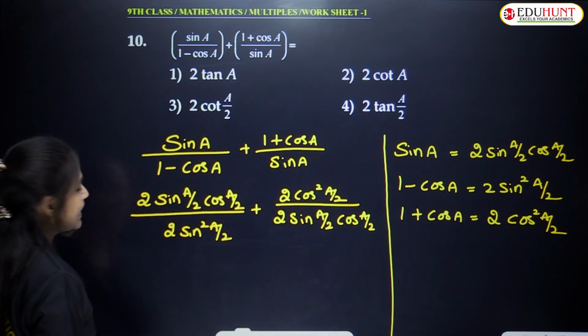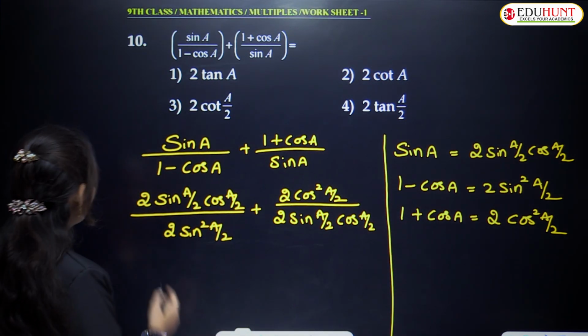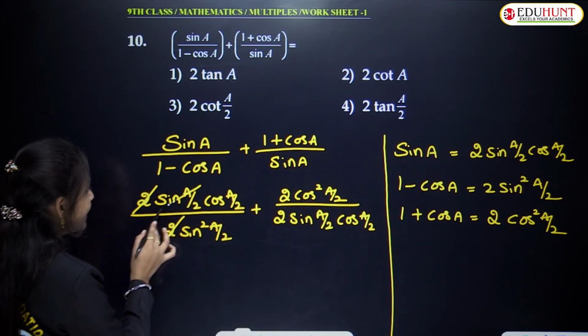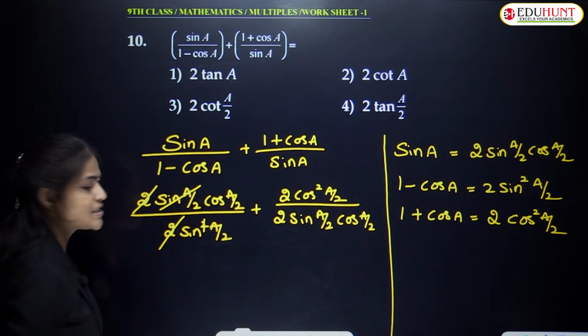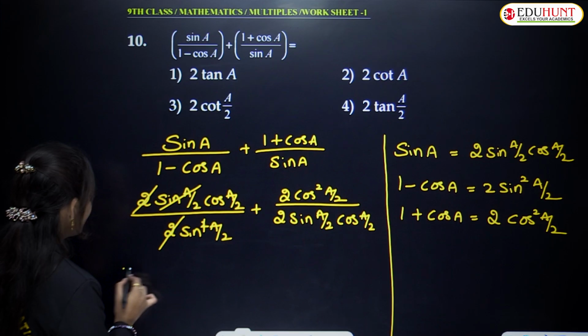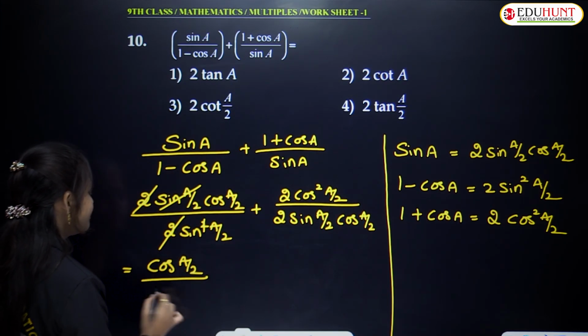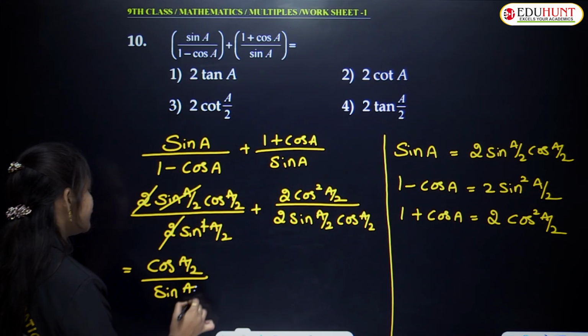Any cancellations possible? Yes. 2 and 2 get cancelled, and sin A by 2 appears once on top and twice below, so one gets cancelled. The leftover term is cos A by 2 by sin A by 2.